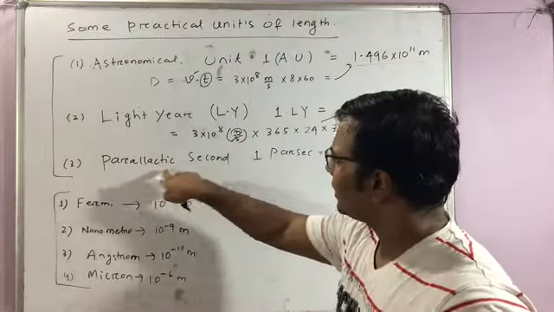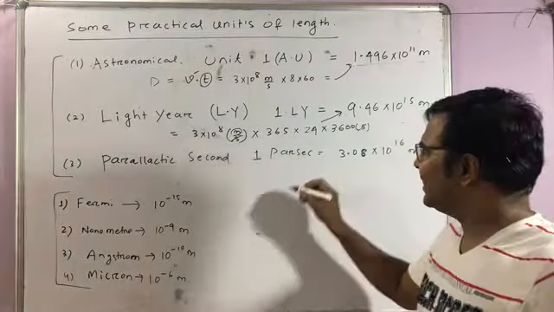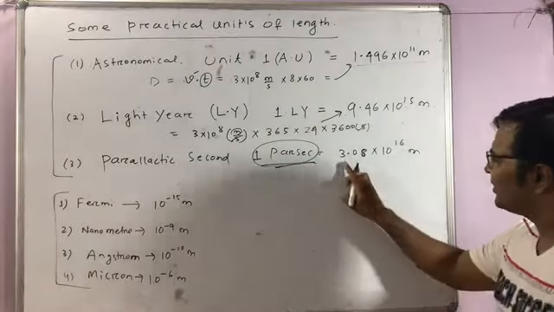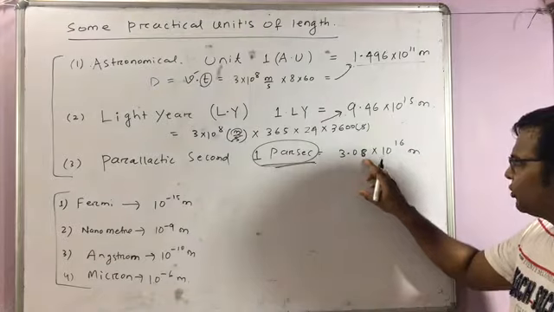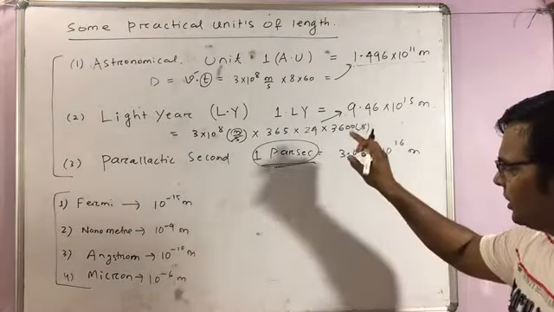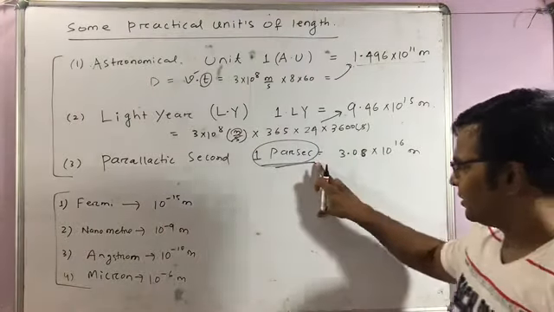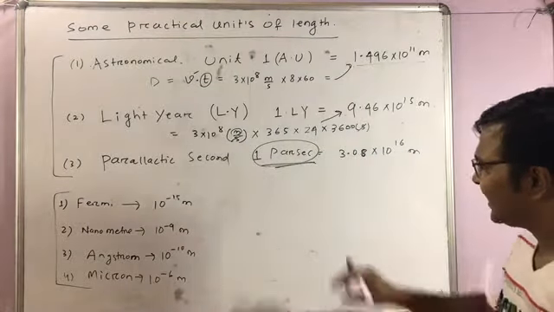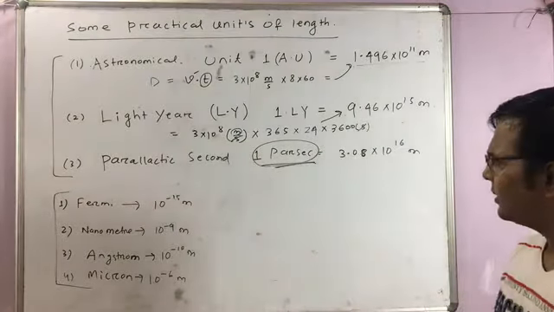Now comes your parallactic second, which is called your parsec. Clear? 1 parsec is 3.08 × 10^16 meter. How has this figure come? This you must know. The parallactic second definition is like this.